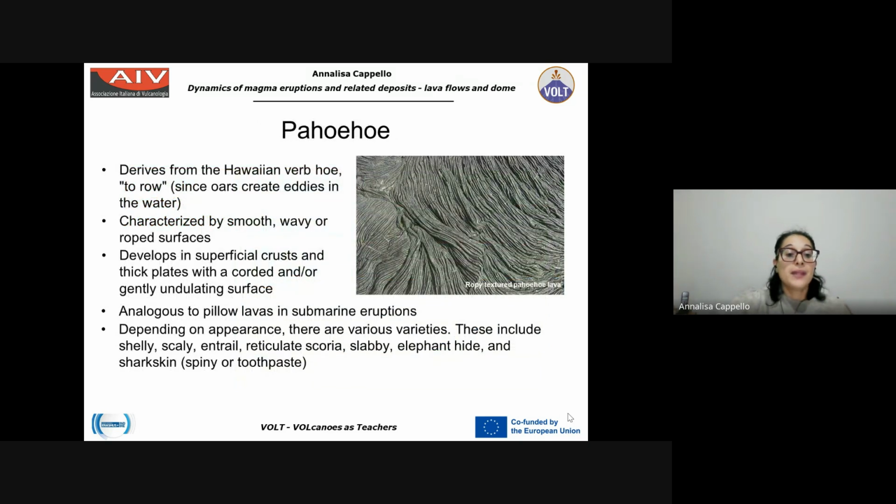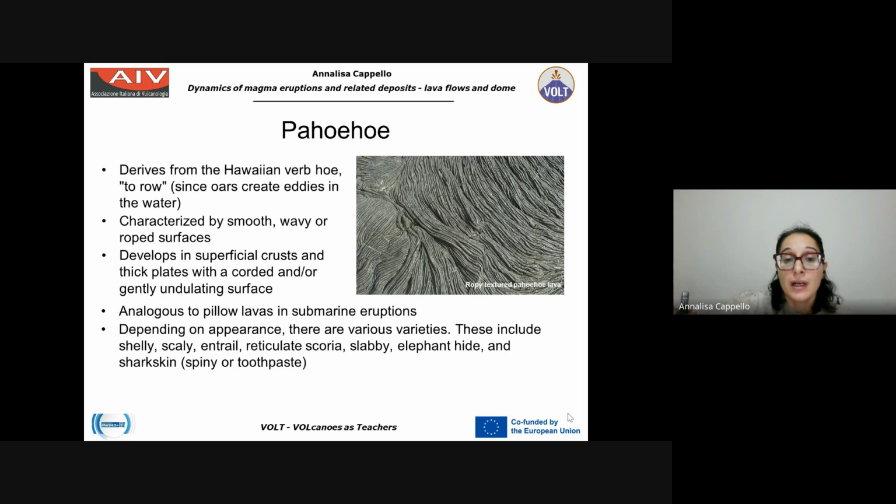Pahoehoe lava. What is pahoehoe? Pahoehoe derives from the Hawaiian verb that means to row, since oars create eddies in the water. Indeed, as you can see from the photo, these lava flows are characterized by a smooth, wavy, and roped surface.